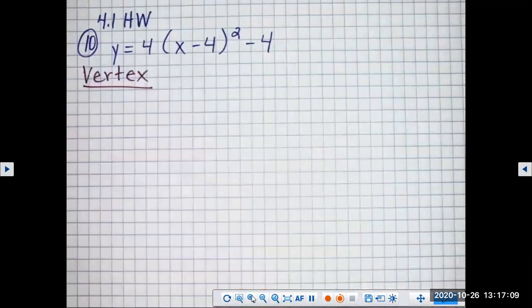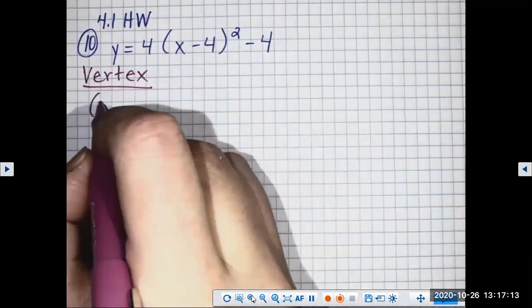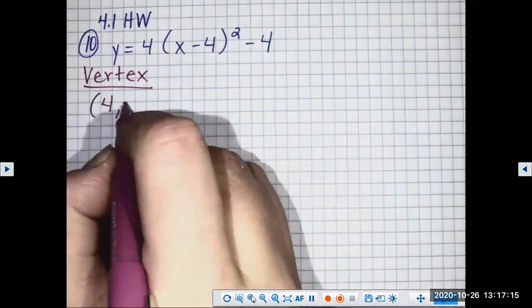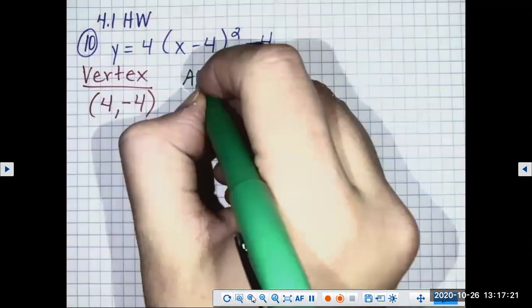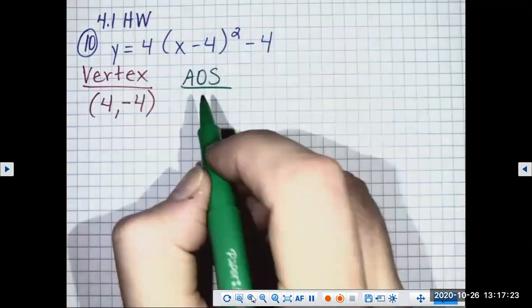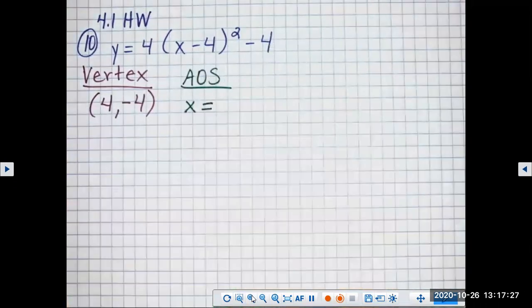Okay, what is your vertex? Good, 4, -4. Axis of symmetry. Always make sure you say x equals what? 4.